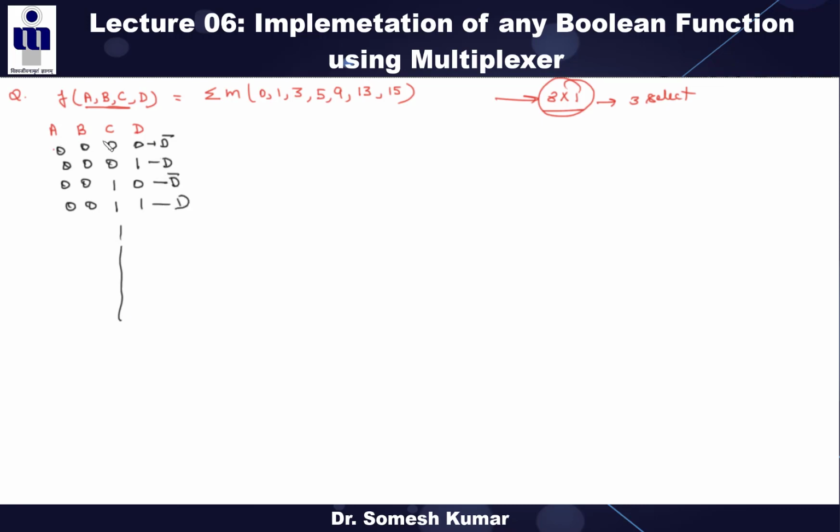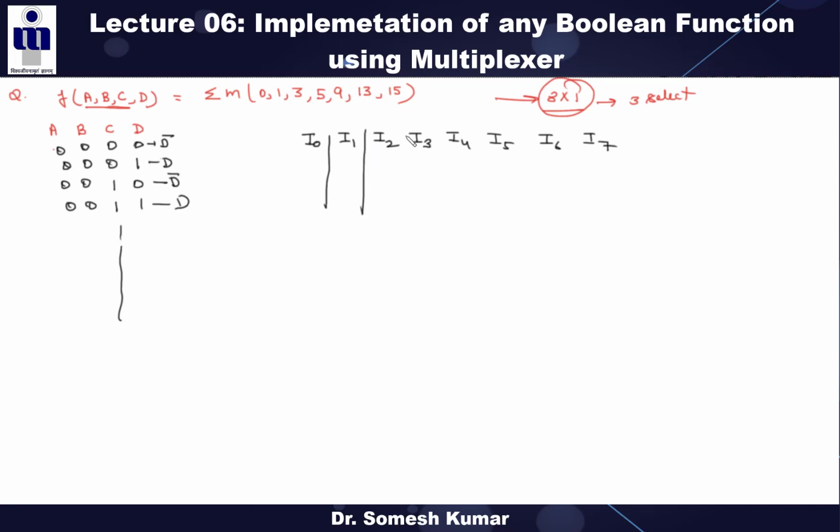If I am taking ABC as select lines, right? So how to write the implementation table for the same? So it is I0, I1. Now there are the 8 inputs, right? So you have to write 8 inputs, I2, I3, I4, I5, I6 and I7, right?